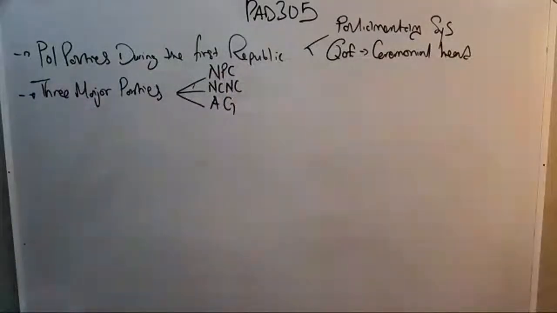Now, these political parties controlled the affairs of the three regions: the North, East, and West, respectively.